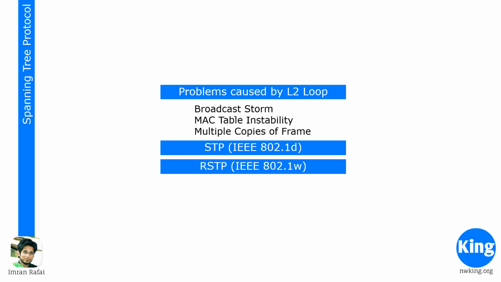Now the solution to all the problems that we discussed in layer 2 loop is a protocol called STP, Spanning Tree Protocol. Now if you watched my previous video where we discussed STP many videos ago, I don't even remember the video number, I think it's day 10 or day 12, I don't know.